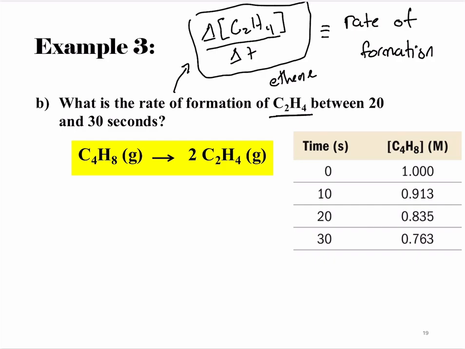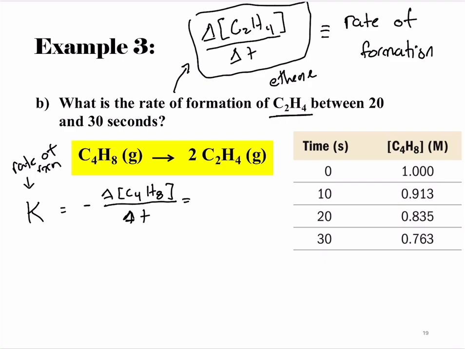Okay, so using that, see if you can come up with an answer for how to solve for this quantity. So remember, we can write the rate of the reaction in terms of the change in concentration of any of the species, the reactant or product in the reaction. So in the first part, we had k. Again, our rate of reaction was equal to minus the change in the concentration of butane, C4H8, over the change in time.